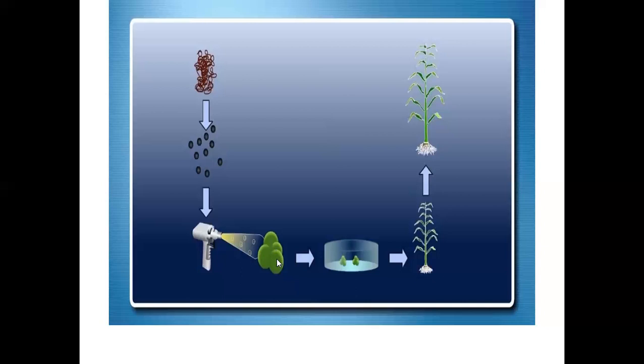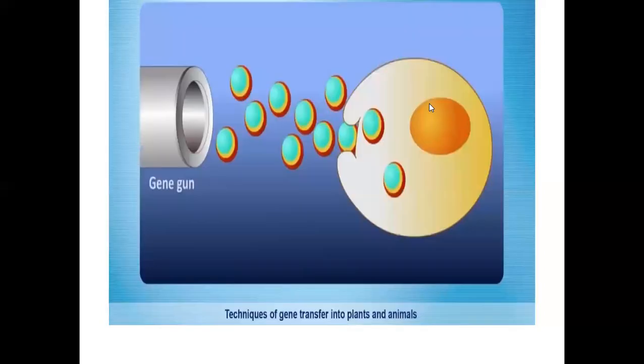The remaining target cells are lysed by the lysis of the cell wall. The target plant cells that received target DNA bullets are cultured on the nutrient medium. They develop into new plantlets with target DNA characters. See here, it is the macro gene gun.